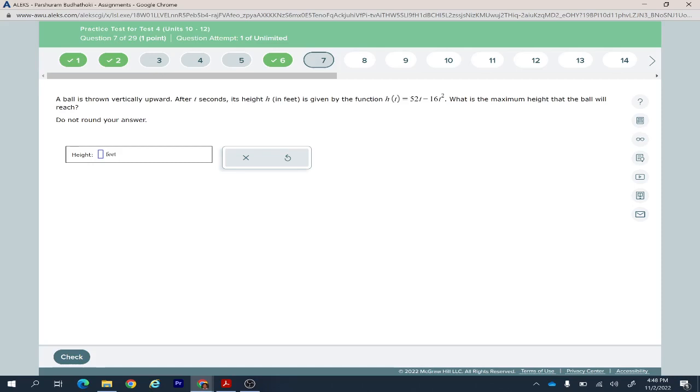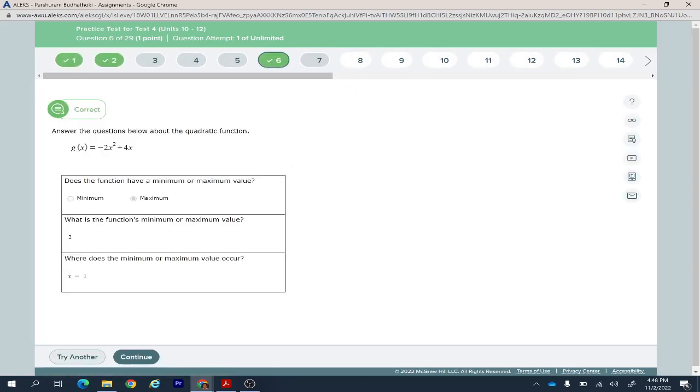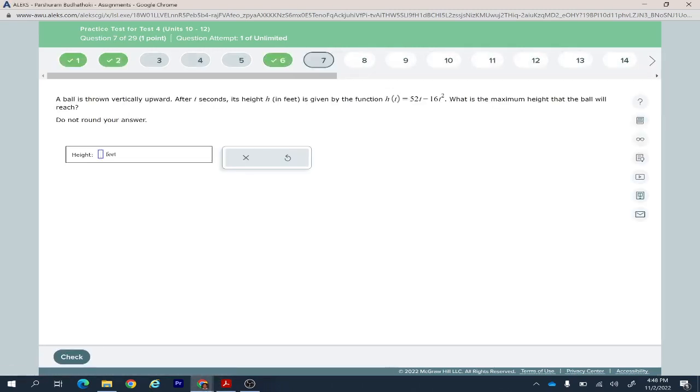How did we find the vertex? By using this formula. Do exactly the same thing for this function. This time the function is h of t equals 52t minus 16t squared. Find the vertex, and that will give you the maximum height, and then you can find that height. I'm going to skip it.